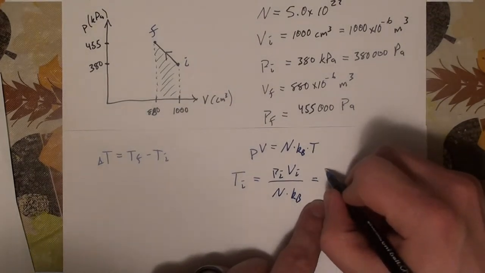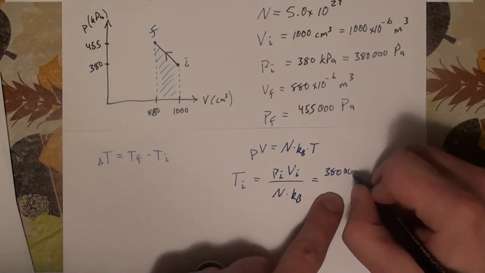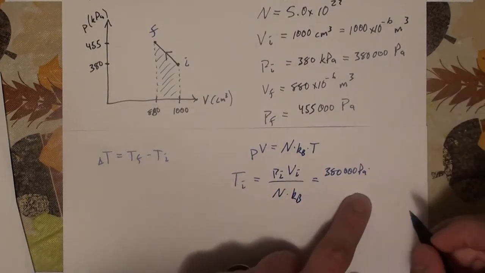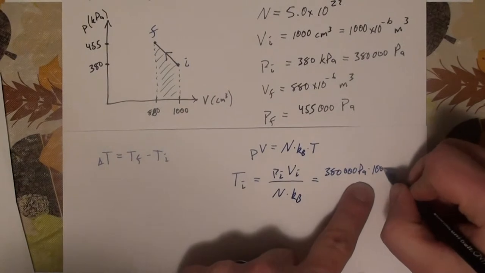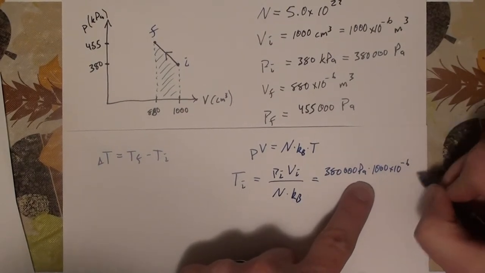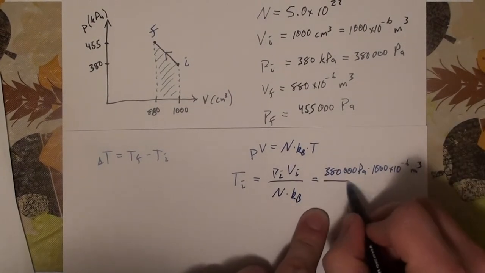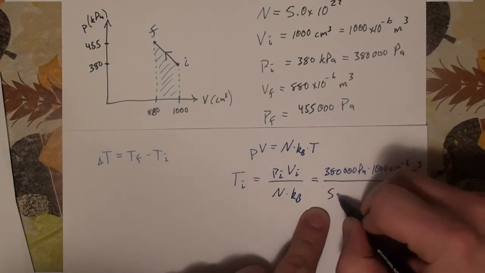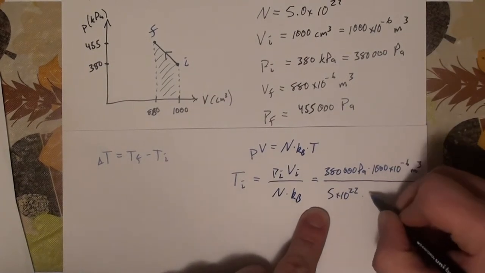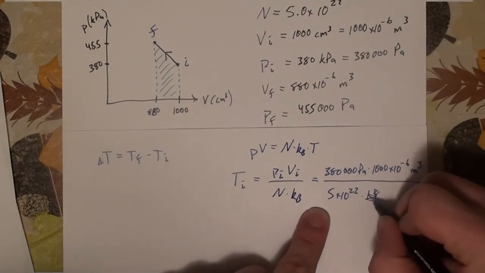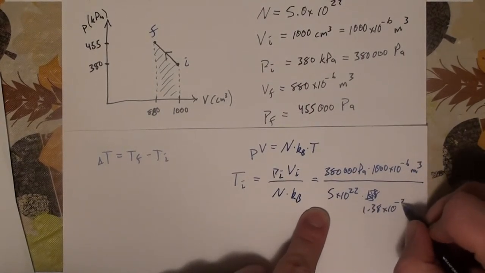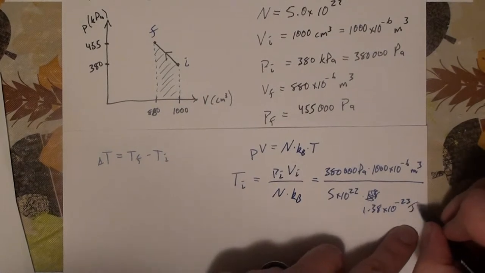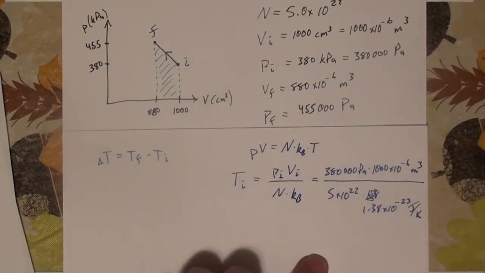P initial was 380,000 pascals, times the volume, 1,000 times 10 to the minus 6 cubic meters, all divided by 5 times 10 to the 22 times 1.38 times 10 to the minus 23, that's the Boltzmann constant, joules per Kelvin.